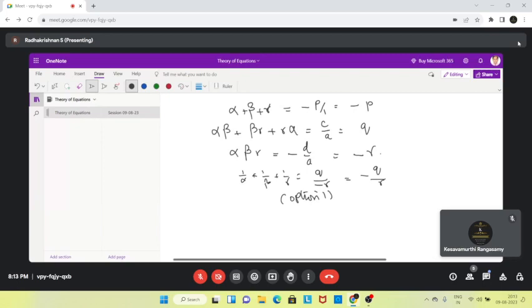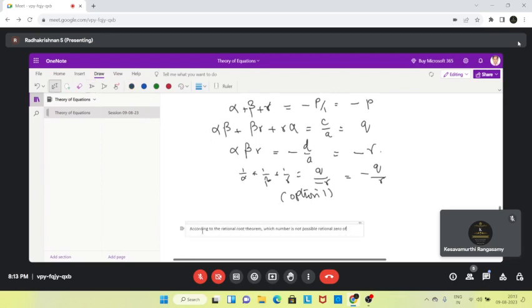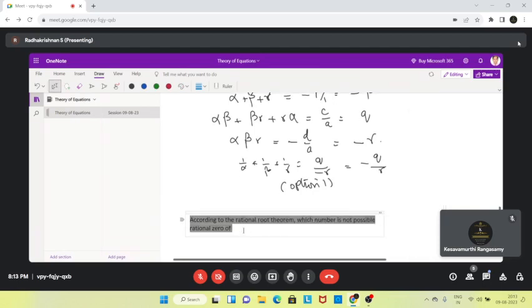According to the rational root theorem, which number is not a possible rational zero of 4x to the power of 7, 2x to the power of 4, then minus 10x cube, minus 5?